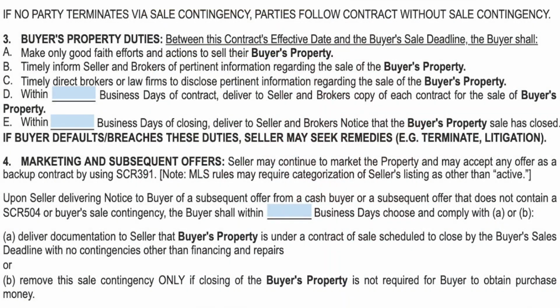A, deliver documentation to the seller that buyer's property is under contract of sale scheduled to close by the buyer's sale deadline with no contingencies other than financing and repairs. Okay, that's it. So if the property is not under contract and the seller gets another offer, the seller notifies the buyer within so many business days, 2 or 3 or whatever you decide.